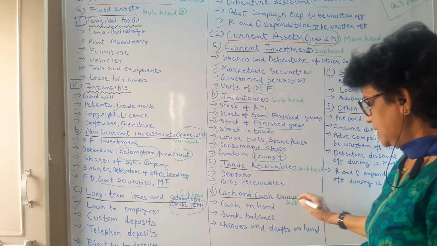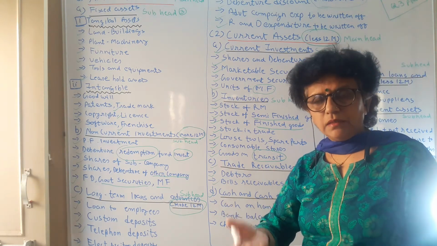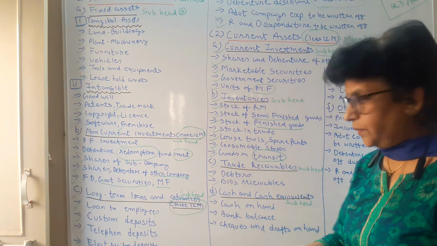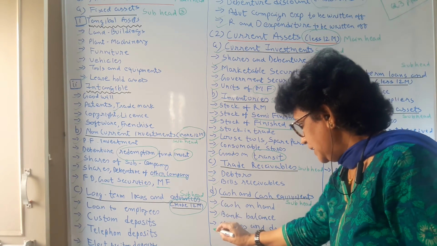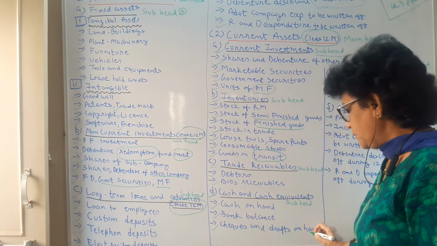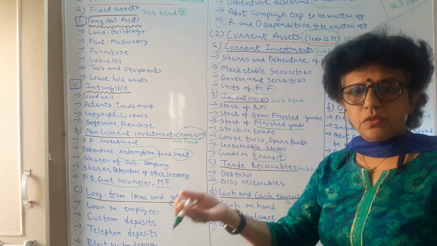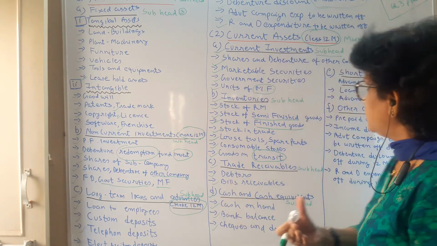Next is cash and cash equivalent. The money which can be either in hard cash or easily converted into cash form. In this category you have cash on hand, bank balance, and the cheques and drafts on hand which you have received but not handed over to the bank. So you have them in your hand as an asset.